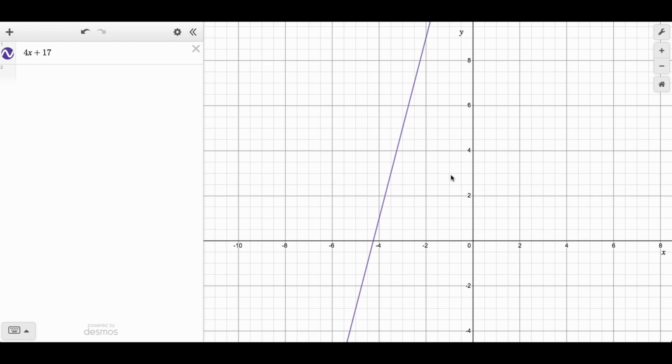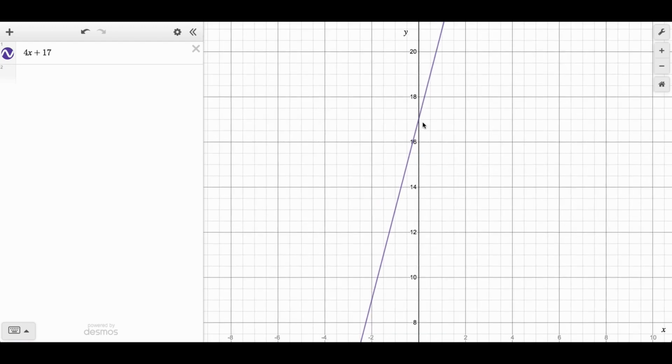And if we go higher, we can see that now x is equal to 0 and y is equal to 17. Well, true, right? If you plug in 0 for x, you get 17 for y, because 4 times 0 is equal to 0, plus 17 is 17.